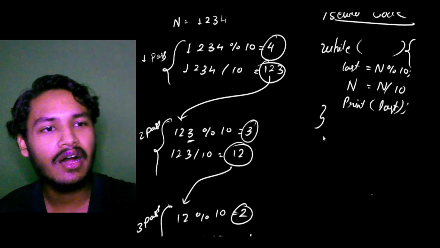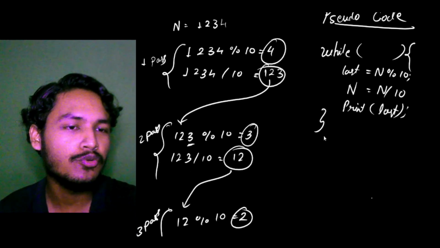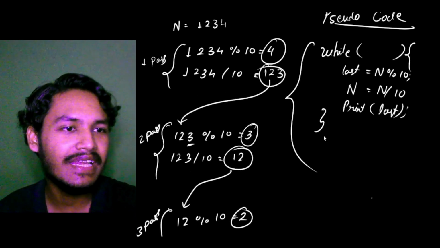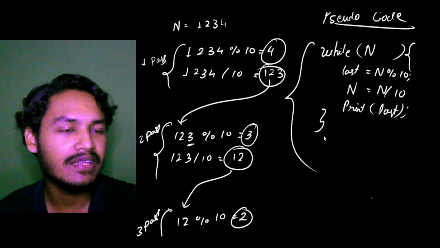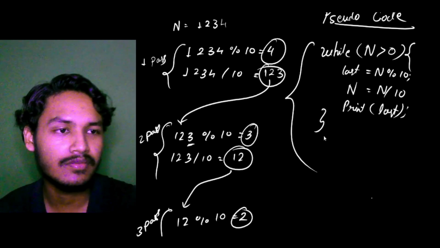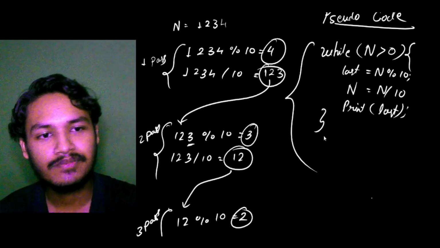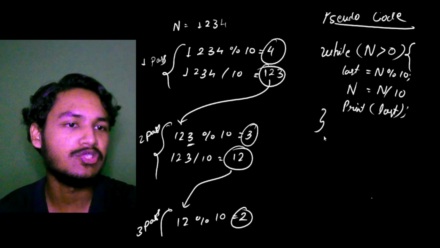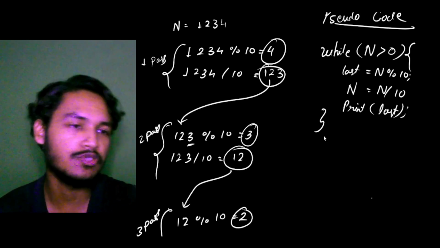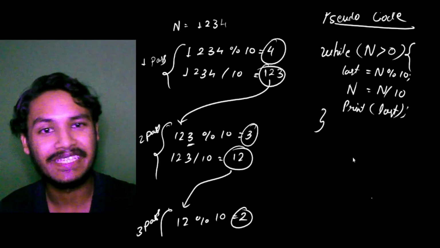So I can say that we have to run this while loop till n is greater than 0. All right, so this will be the pseudocode for this code. Let me show you by doing a dry run.